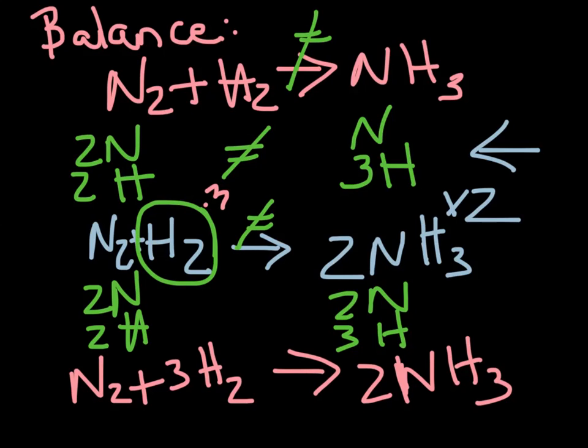Check our calculations real quick. So now we have 2 nitrogens, 2 nitrogens. We have 6 hydrogens and 6 hydrogens.